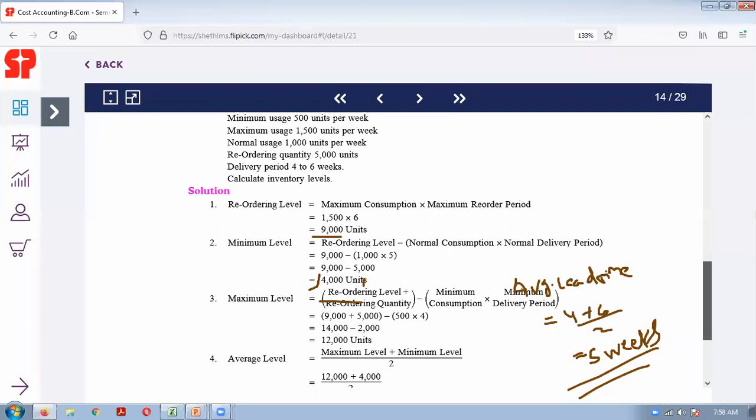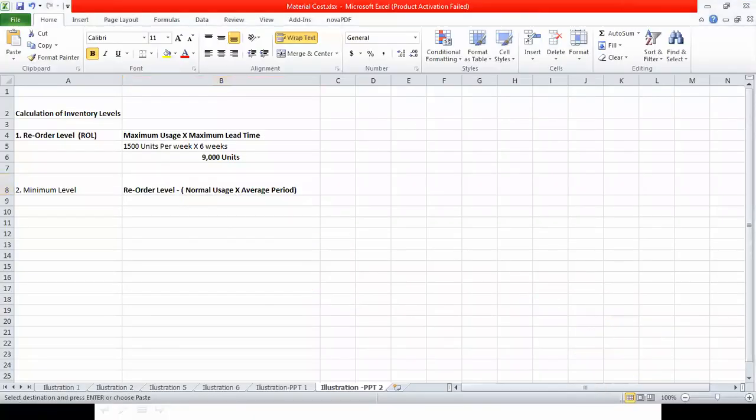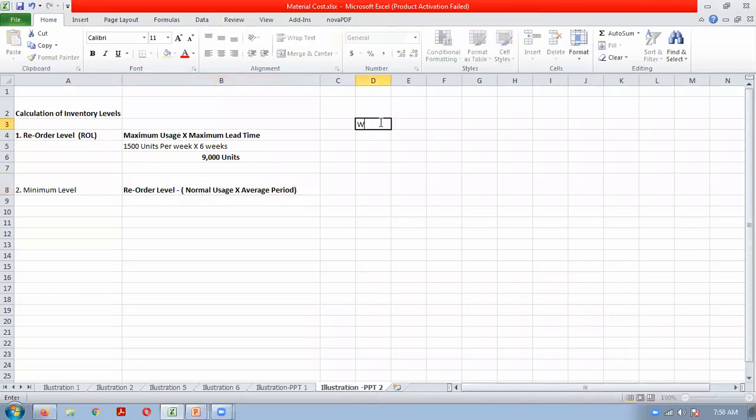So we will make a working note also on how to calculate the average lead time. Working note.